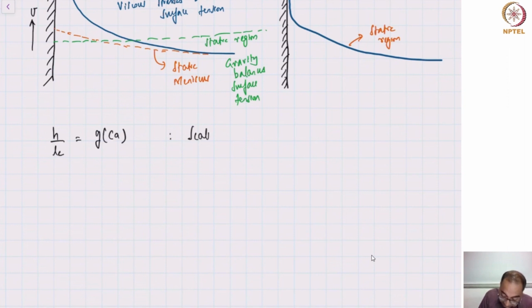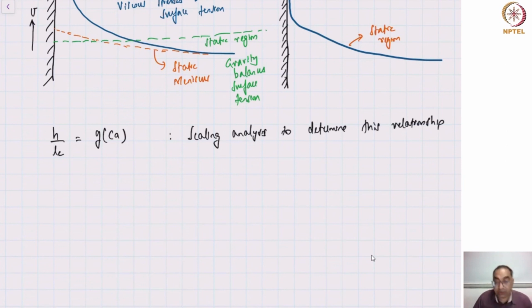So we will use scaling analysis to determine this relationship.